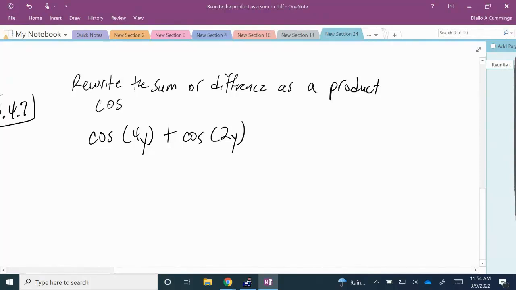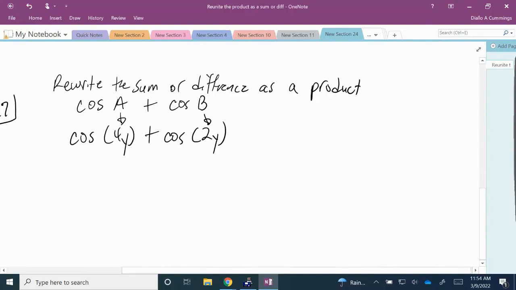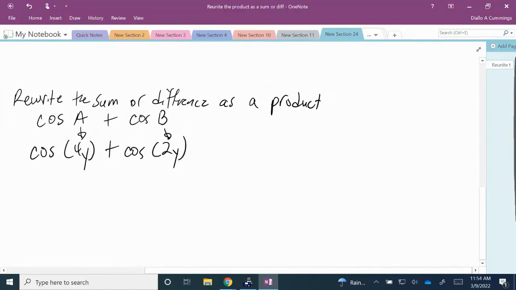So we have the cosine of A plus the cosine of B, right? So we're going to substitute A for 4y. We're going to substitute B for 2y. That's equal to 2 times the cosine of A plus B over 2 times the cosine of A minus B over 2.